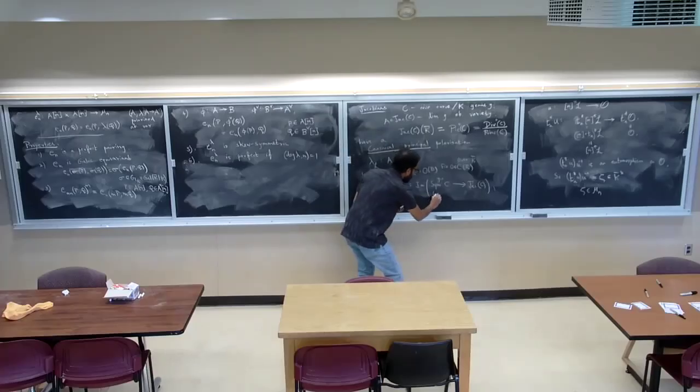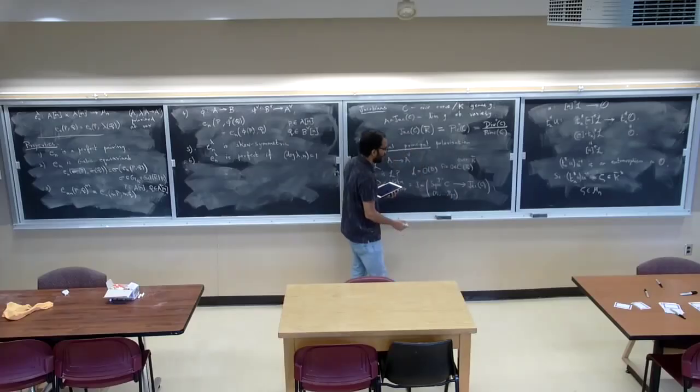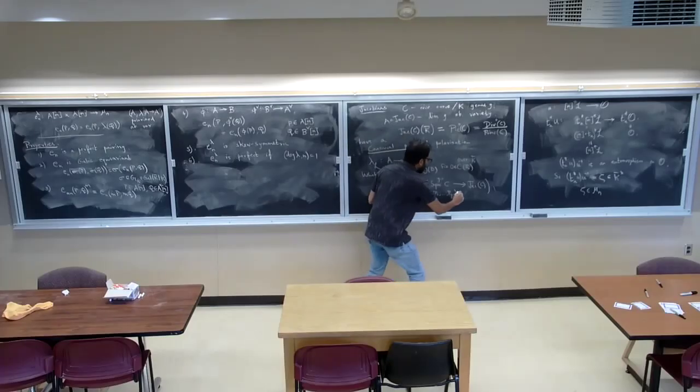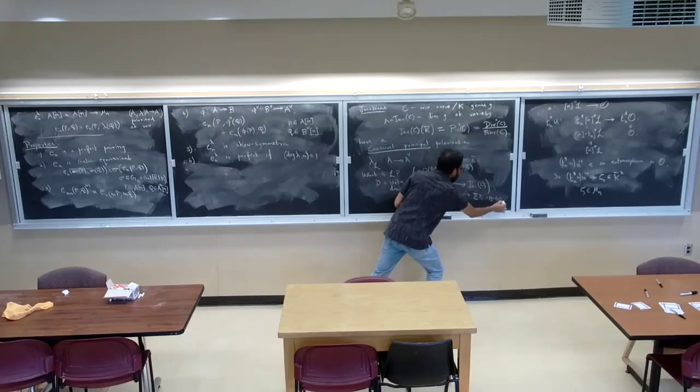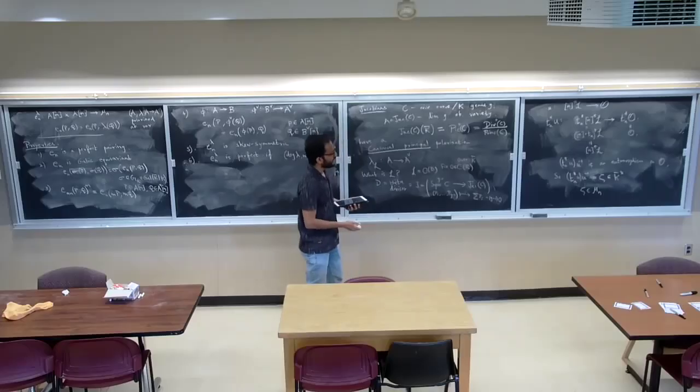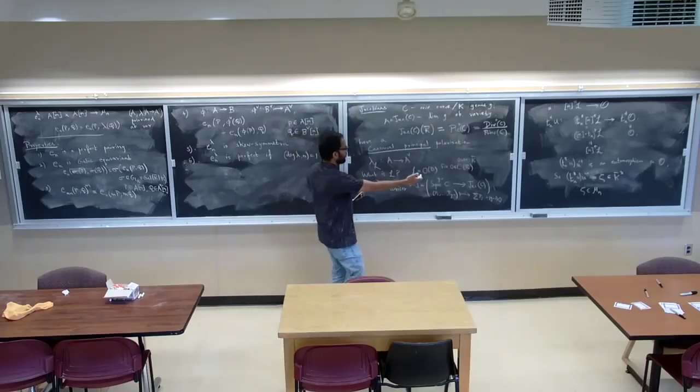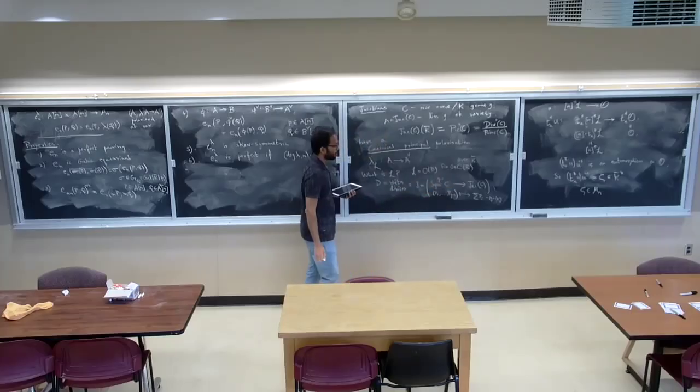Then I can define this map: g minus 1 points on C, I can send it to this degree 0 divisor. So that is a point on the Jacobian.